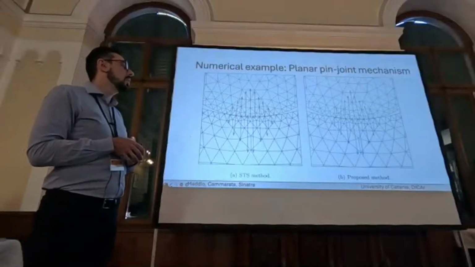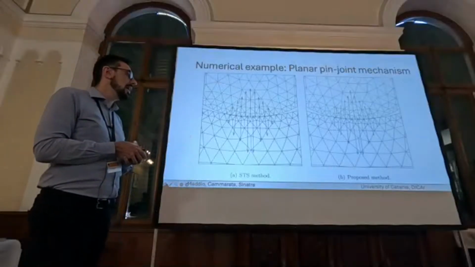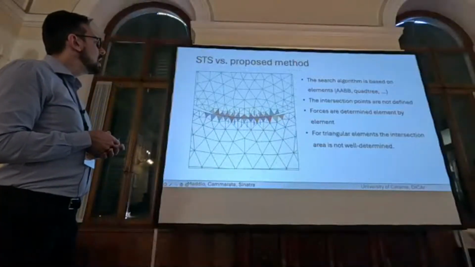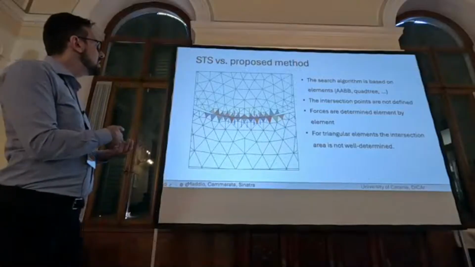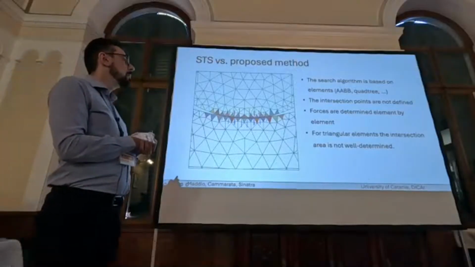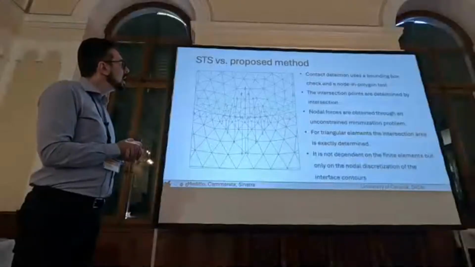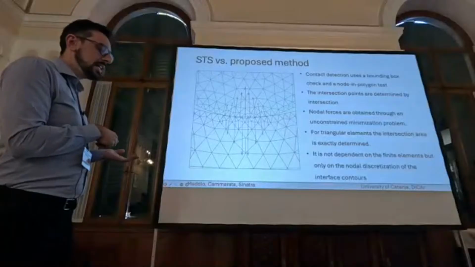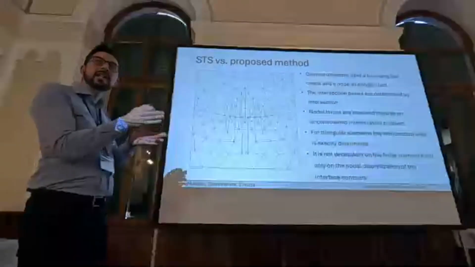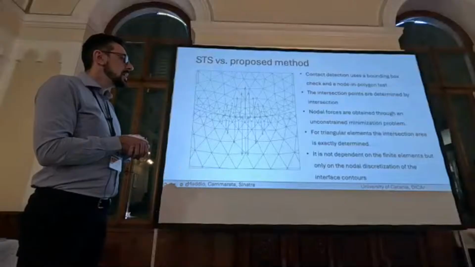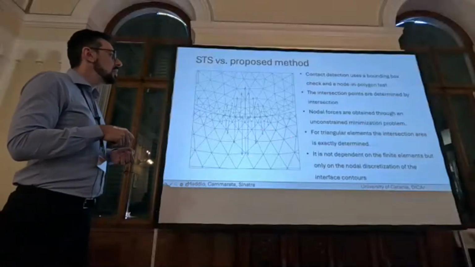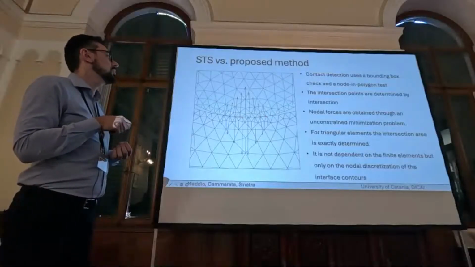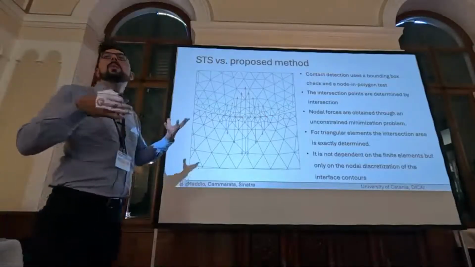Also, looking at an enlargement of the nodal contact forces, here is just a comparison of the STS versus our method, and I can say that unlike the STS method, we can exactly find the overlapping area, and it's not dependent on the triangular mesh, because in order to consider the global contact force, we only need to discretize the perimeters.